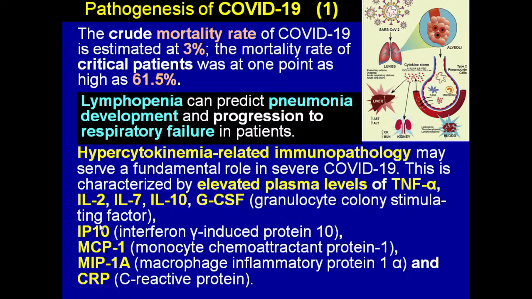Do you remember that is important in B cells activation? Then interferon gamma induced protein 10, monocyte chemoattractant protein, macrophage inflammatory protein 1 alpha, C-reactive protein. My dears, those are, by the way, produced by T helper cells, right?